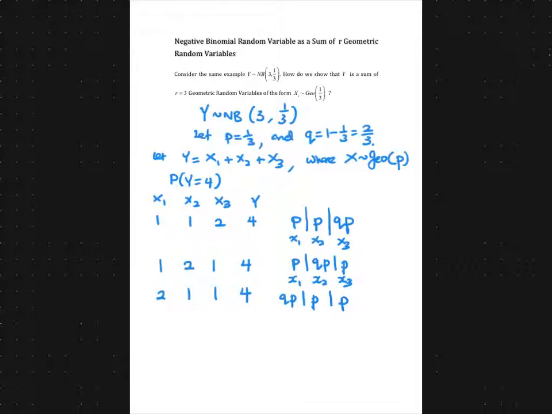So as you can see, the negative binomial is indeed a sum of consecutive geometric random variables.